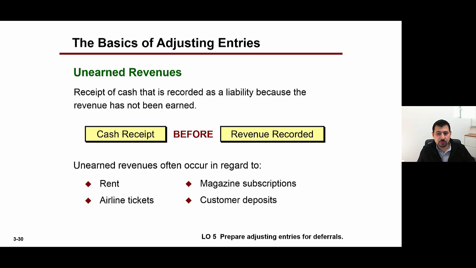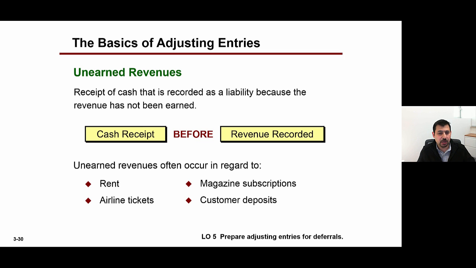Now this is opposite to prepaid expenses. In fact, if we look at it this way, unearned revenue for company A can actually be a prepaid expense for another company.